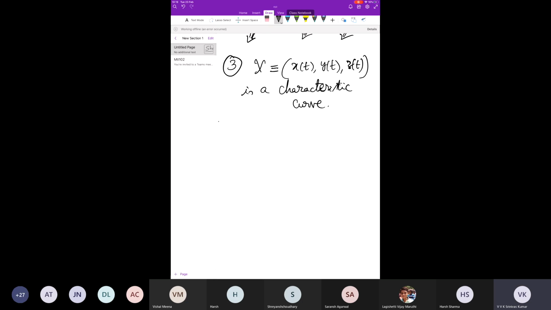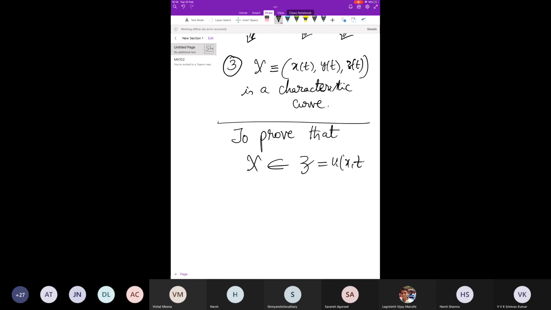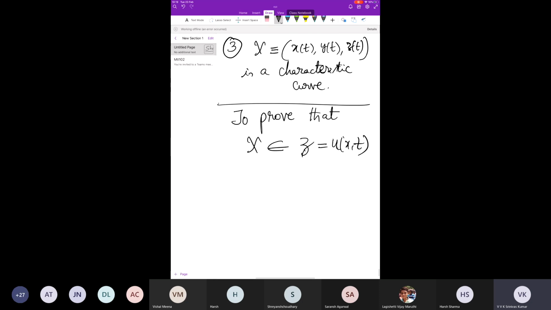And these three are given to us. Now, to prove that chi belongs to the surface, the given surface.